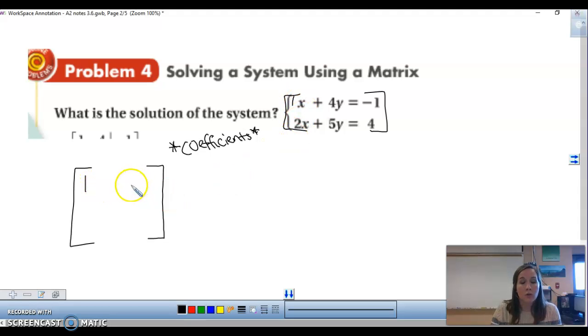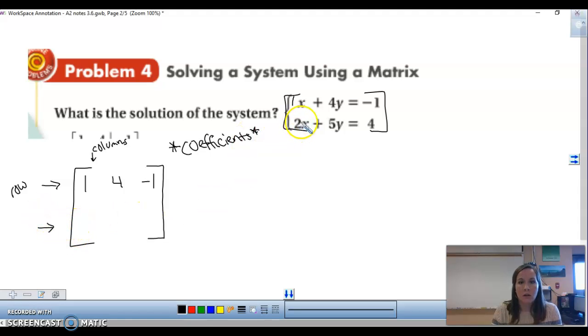I'm going to go across in a row, so this is my row, and these are columns. Across my row, I have 1 for my 1x, the next number is 4, and then we are also going to use -1. Notice that I'm just writing the numbers, I left out the variables, and your calculator is going to know that based on the operation that we choose.